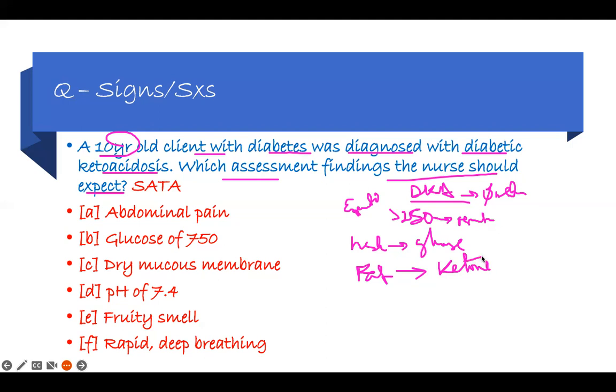That's why they form ketoacidosis. But then, because they make ketoacidosis, they are in metabolic acidosis. So you should expect their pH to be what? Less than 7.35. That's one key. Now, their body wants to compensate. So metabolic acidosis.